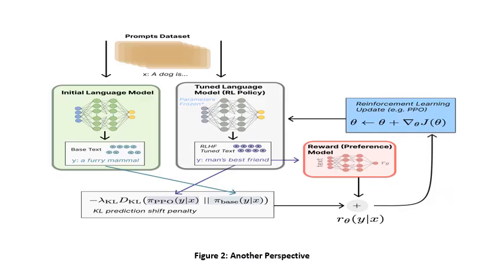In this figure, we look at the problem from another perspective. As I told you, we have an initial language model and a tuned language model. We provide some prompt. For example, a question has been asked here: what is a dog? The initial language model says that a dog is a furry mammal, and the tuned language model says it is man's best friend.